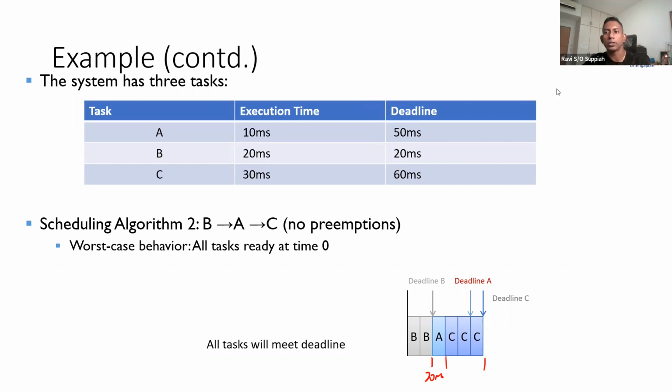The execution time is the amount of time you need to execute the code associated with that task. The deadline is the final time by which you must complete.